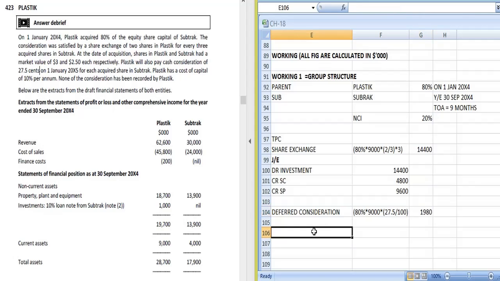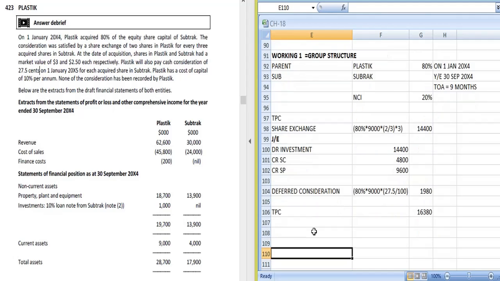So total purchase consideration equals the sum of these two amounts. One more thing you have to do is, in case of a deferred consideration, we have to unwind. Sorry, first we need to find the present value, because 1980 is the future value.